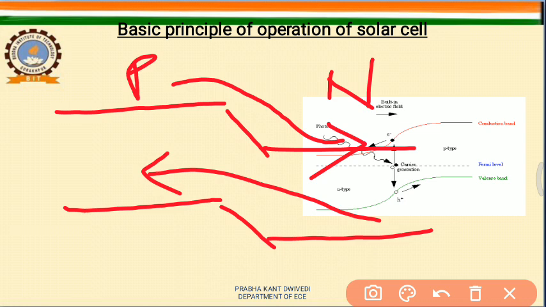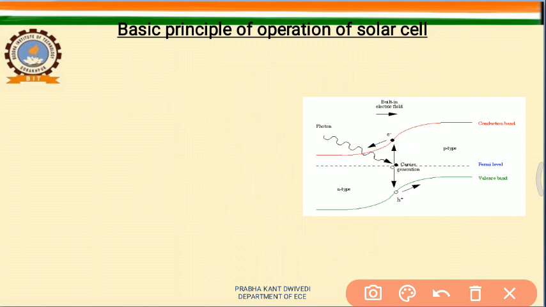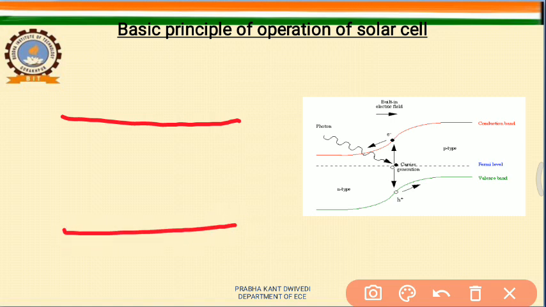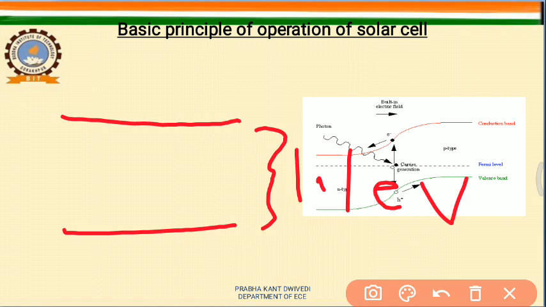The second cause for the decrement in efficiency: suppose we are using a silicon semiconductor. In silicon, the energy band gap between the valence band and conduction band is about 1.1 electron volt at 300 Kelvin, meaning at room temperature.